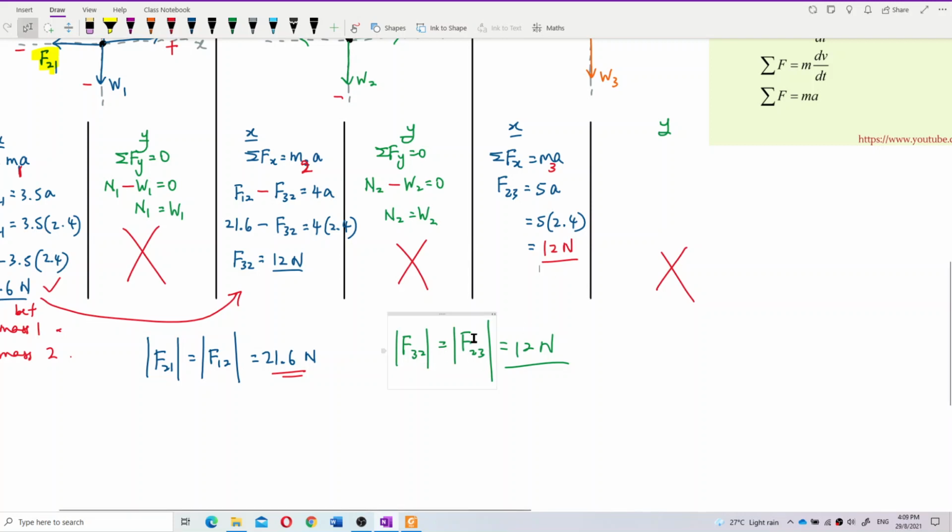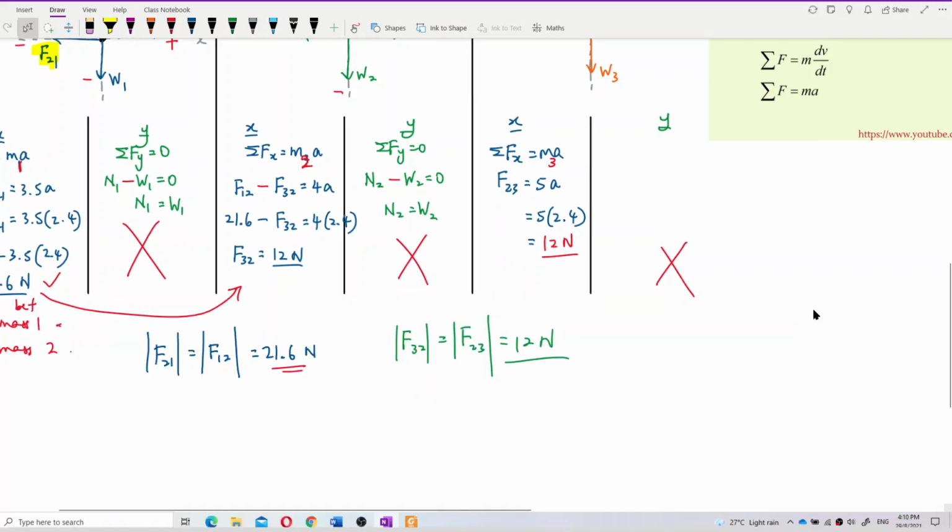So it's correct. F23 is 12, which is equal to F32, 12 Newton. Cross check is correct. The 12 Newton is correct.